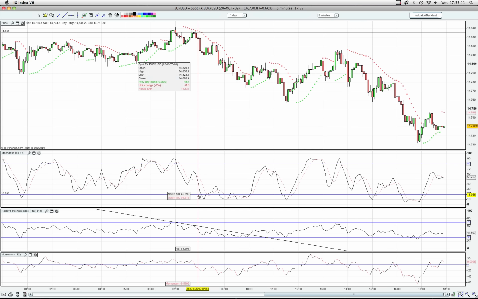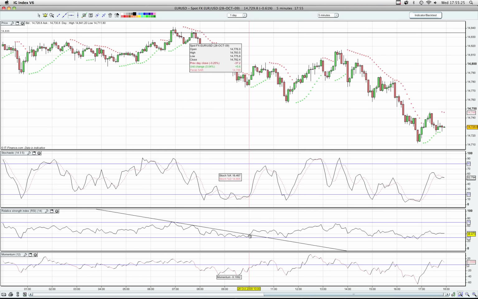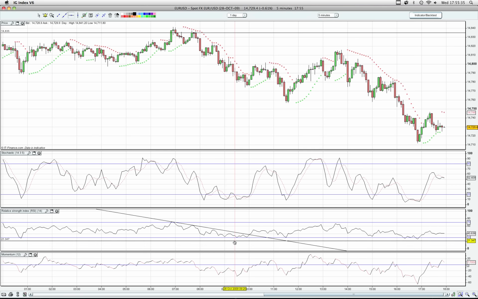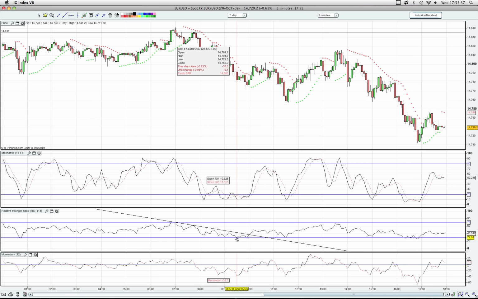And either you exit when RSI touches the 30 level, or when RSI comes up to close and cross over our trend line. So let's say that doesn't quite touch there, but this one does here.